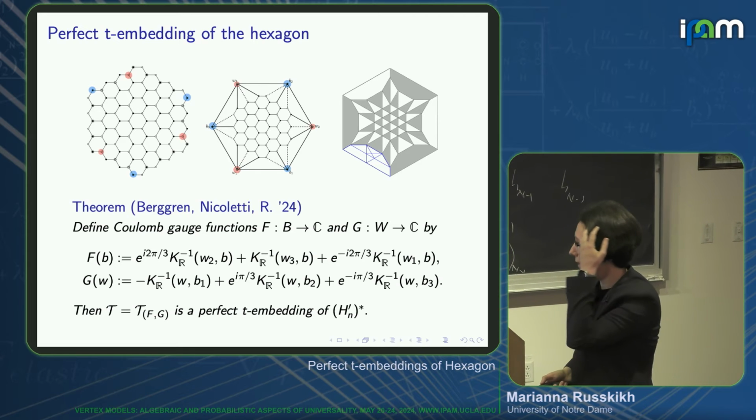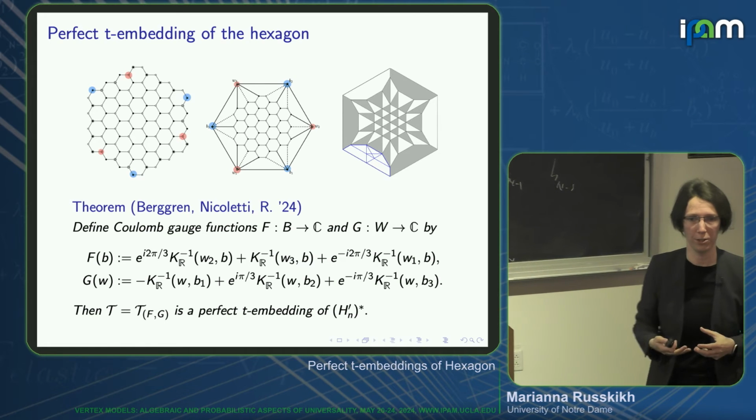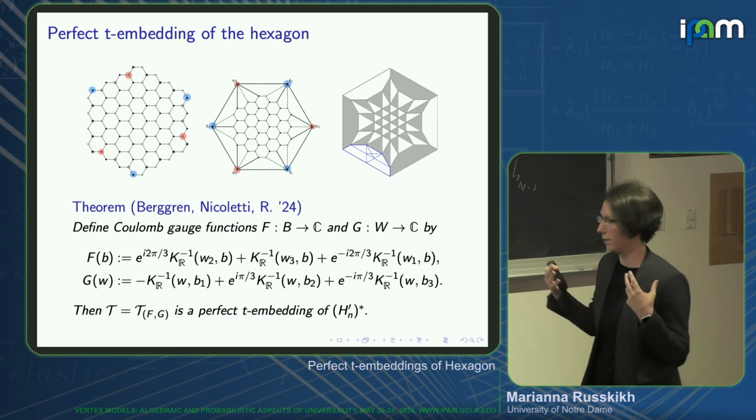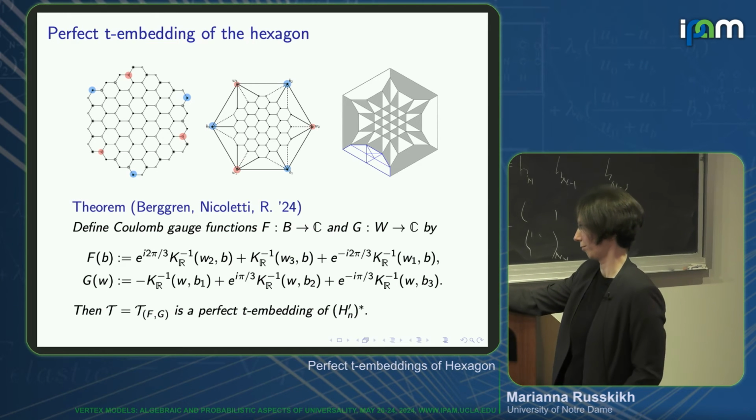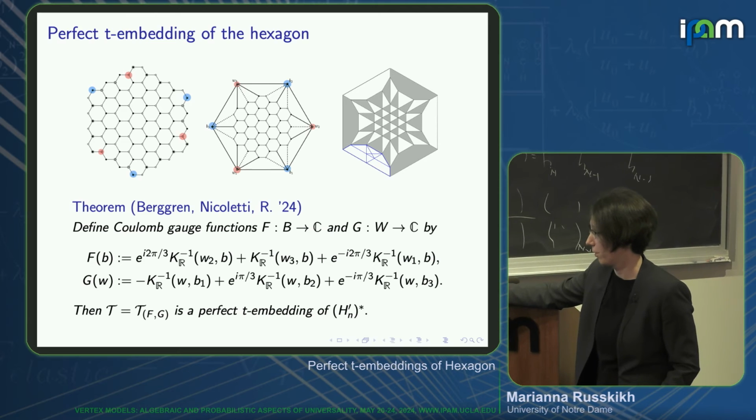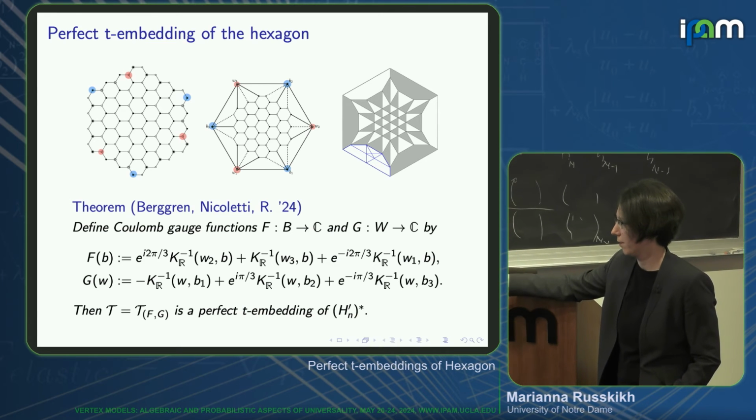So as I said, the trick with simplifying just to a square doesn't work anymore. We need something else. So we just guessed what the corresponding gauge functions are in this setup.